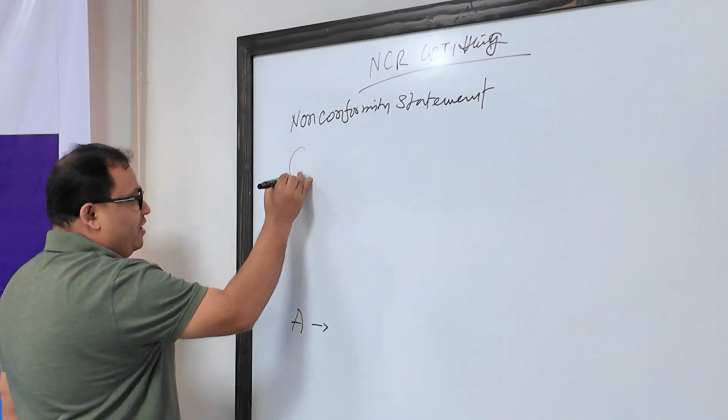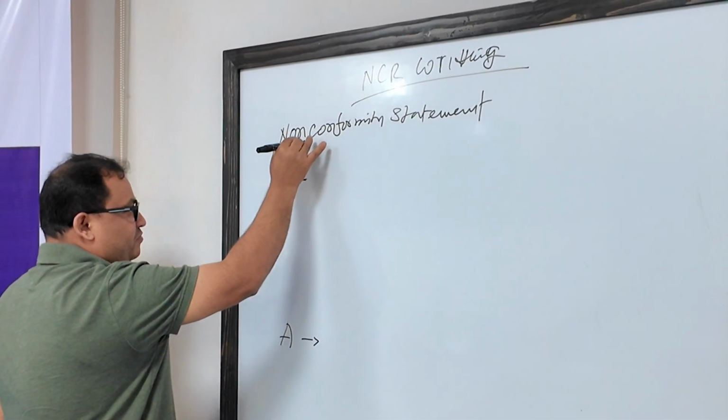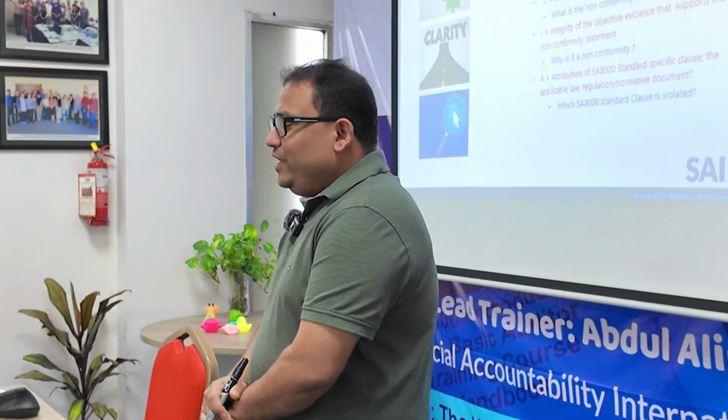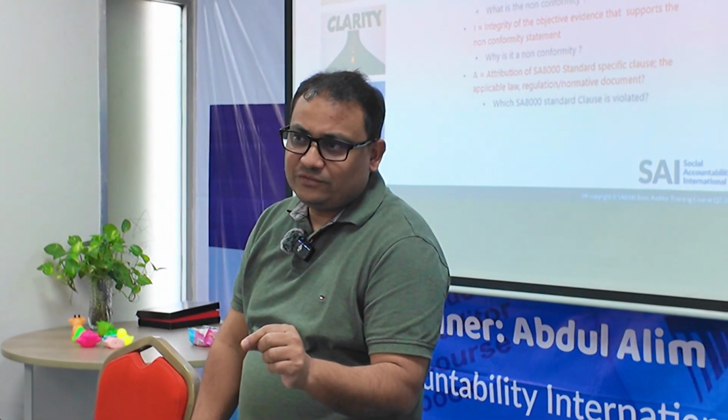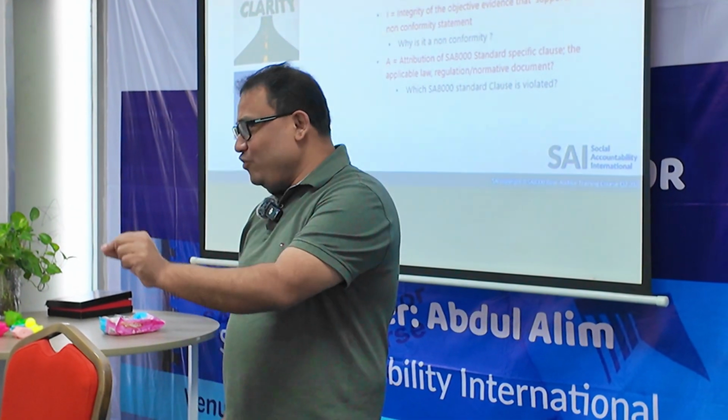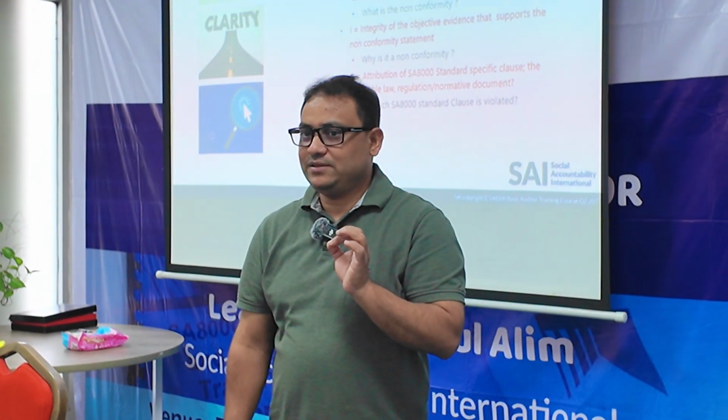Clarify the NC. What is your clarity? You write it here. If you want to say I did not do this, or he did not do this, definitely you need proof, evidence.